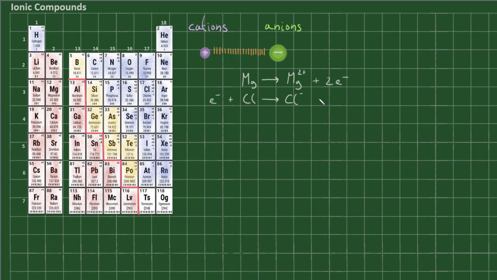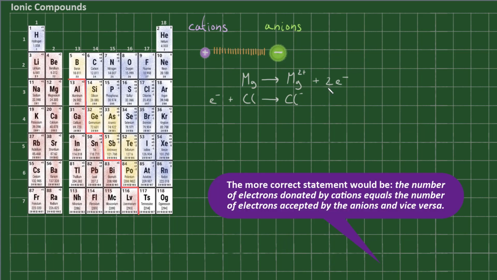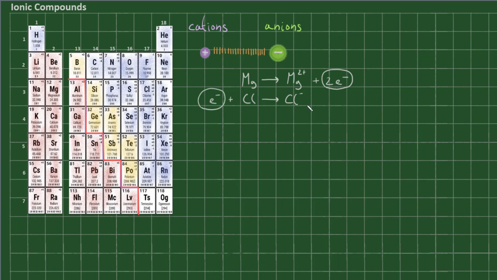And remember that in the previous example I stated that the electrons donated by the cation are the same electrons that are accepted by the anion. If the cation is donating 2 electrons, then the anion needs to accept 2 electrons. I cannot simply write a 2 here in front of this electron. The entire second equation needs to be multiplied by 2.